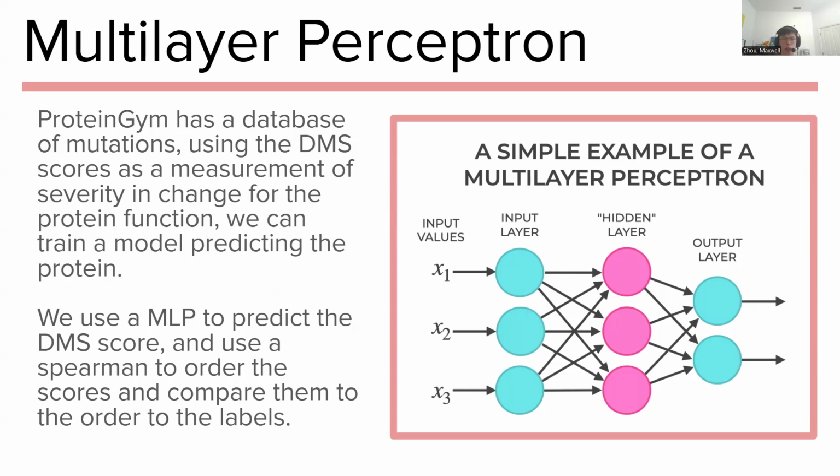The database we used was ProteinGym, which is easily searchable online. We used the DMS assays, specifically the amino acid sequence and the DMS scores. The amino acid sequences were our inputs and the DMS scores were our targets. A DMS score is a measurement of how much of an effect the mutation had on the protein.